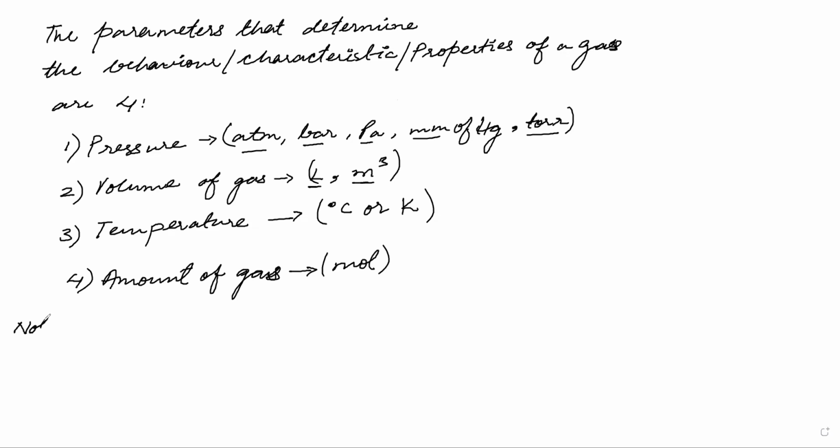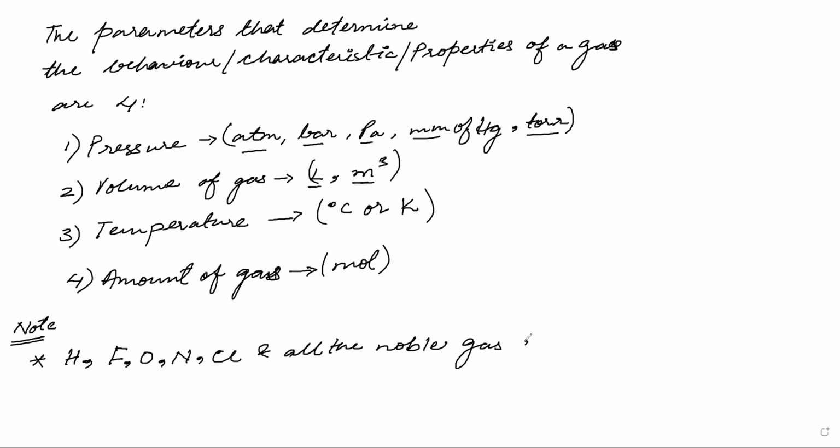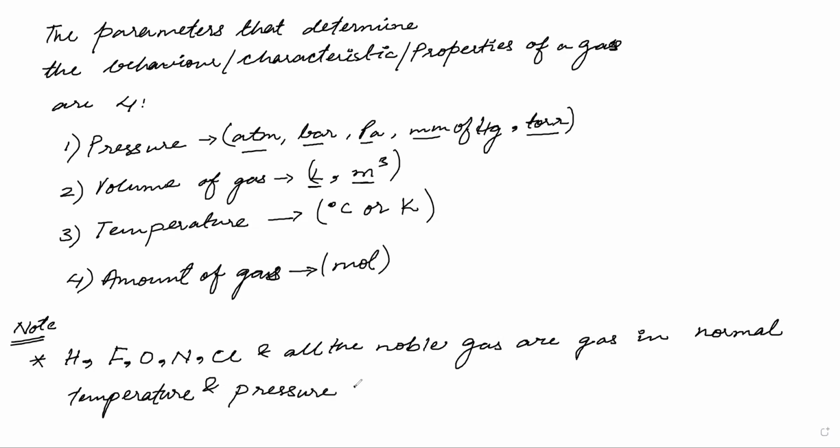Just write one note here also. Hydrogen, then fluorine, oxygen, nitrogen, chlorine, and all the noble gases are gases at normal temperature and pressure in their molecular form.